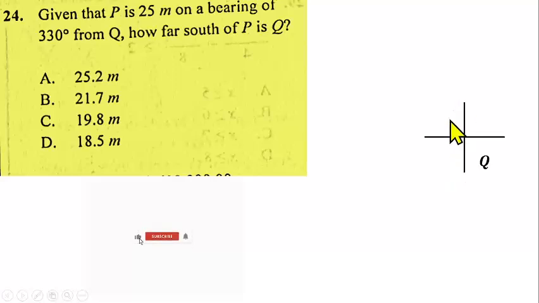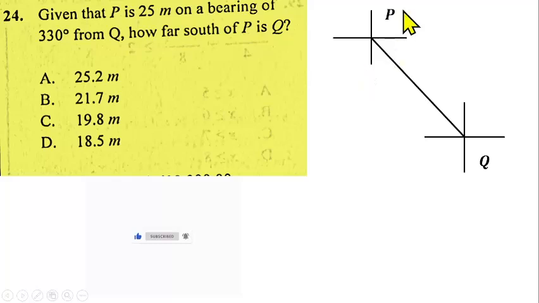So you have 330 will fall here. So if I draw a straight line here, then I will have a P here.